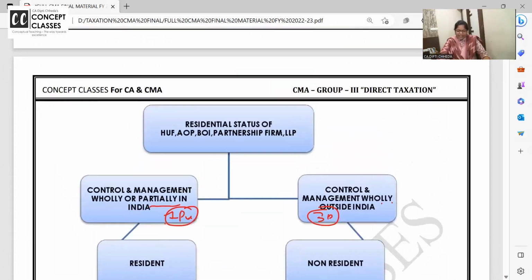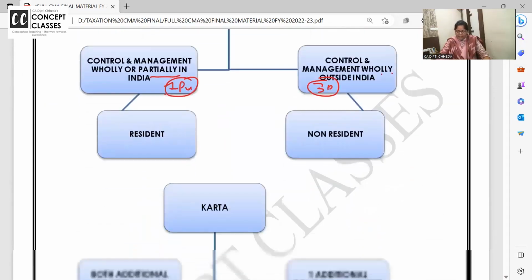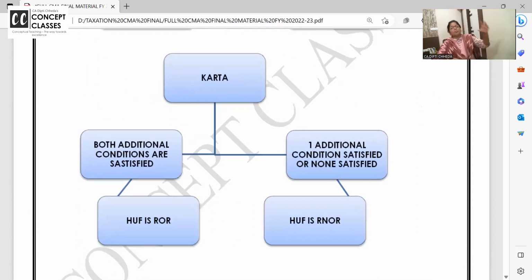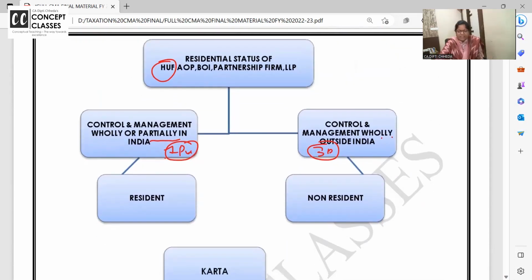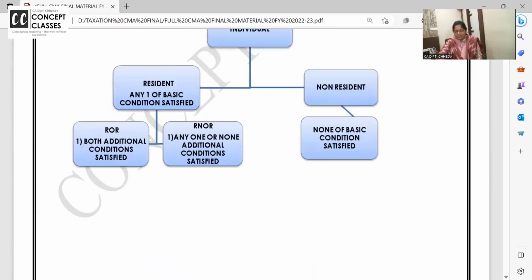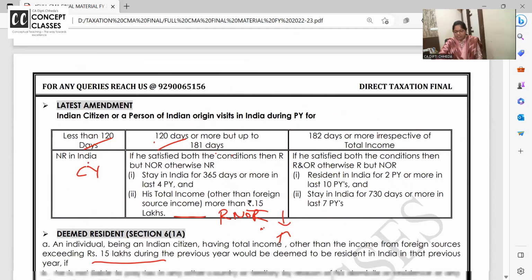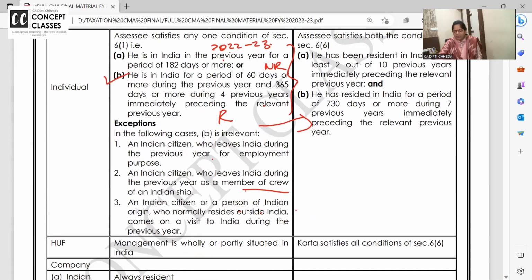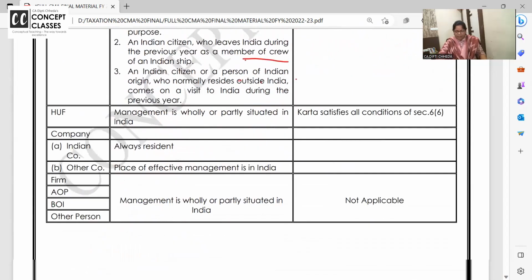Now only in case of Hindu undivided family, the additional conditions, both are to be satisfied by Karta, then the HUF will be resident and ordinary resident. Who will satisfy the additional conditions? Karta. And what are the additional conditions? Same. He should be resident in India for 2 out of 10 years, and in the last 7 years, he should be in India for 730 days or more.